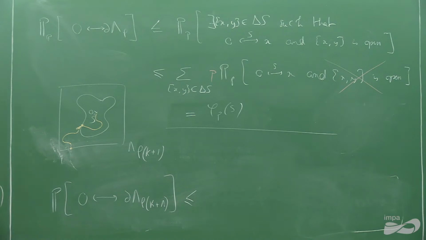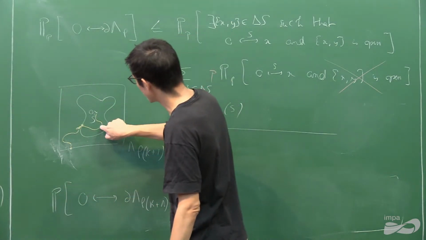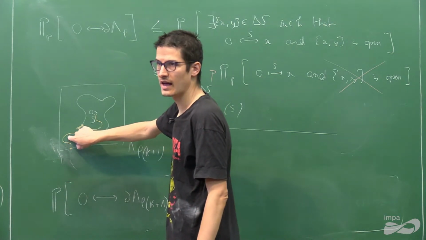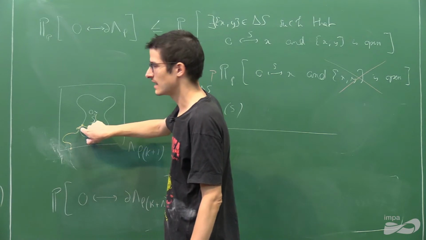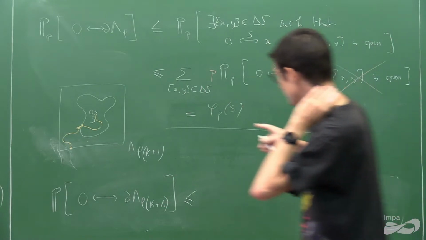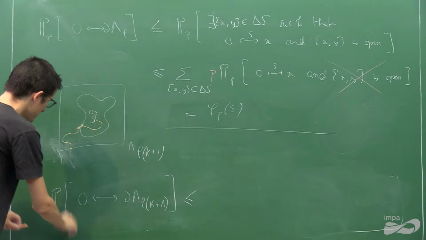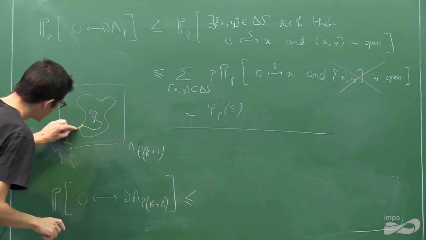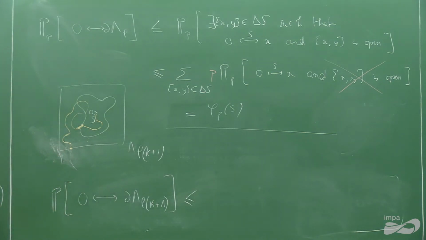Okay, so this means that this thing and this thing, they are S-disjoint. And also, they do not contain that edge. So, you know, these three events: 0 is connected to X in S, Y is connected to the boundary, and it's really Y is connected to the boundary.